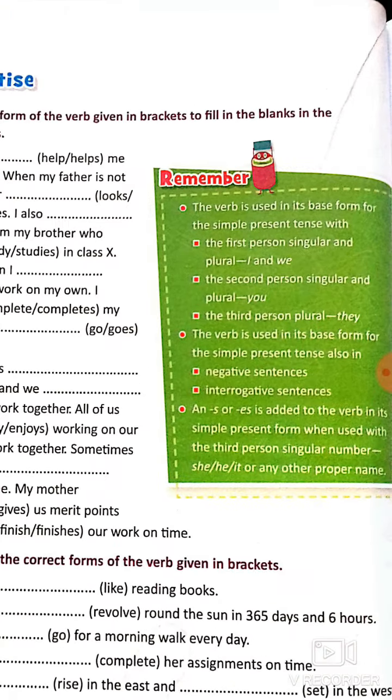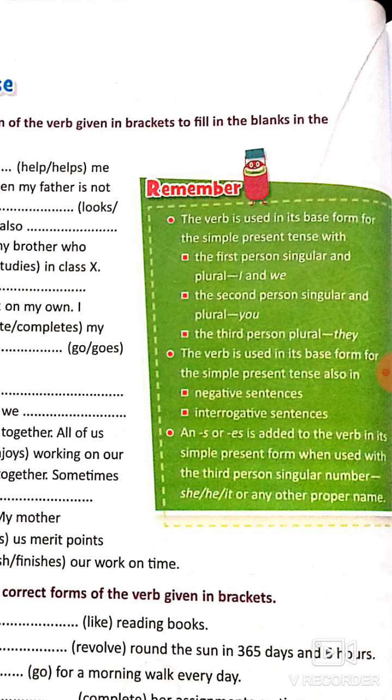Let's look at this remember part, this green portion. The verb is used in its base form for the simple present tense with the first person singular and plural, I and we, the second person singular and plural you, and the third person plural. That is what I just explained to you. Verb plus S or ES will be used with the third person singular.